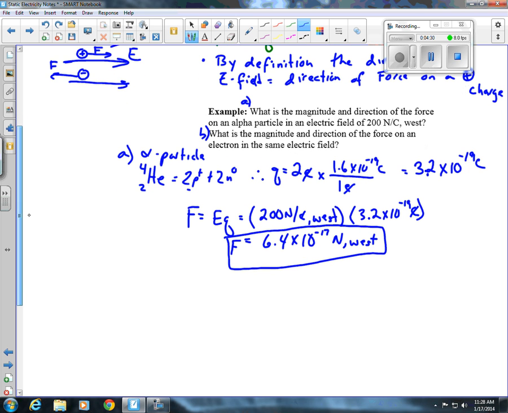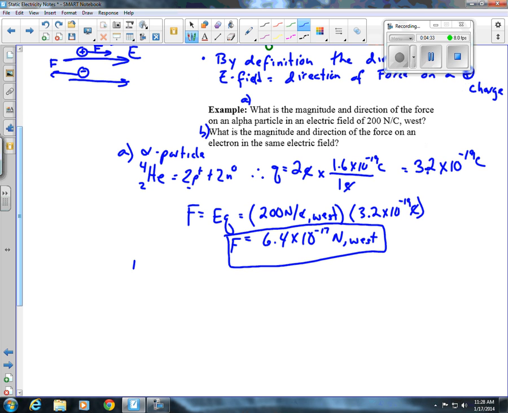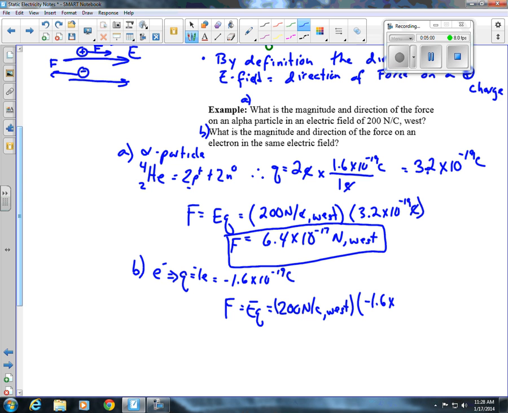Okay, then in part B, we want to find it for an electron. Charge of an electron is minus 1e, so that's minus 1.6 times 10 to the minus 19 coulombs. Then using the same equation, the force on that is going to be 200 newtons per coulomb west times minus 1.6 times 10 to the minus 19 coulombs.